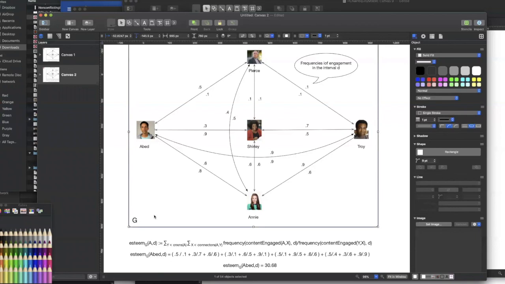You can see how frequently a piece of content is engaged, and then you can take a weighted average with respect to esteemed users and their frequency of engagement, right? And now that gives you a measure of esteem on a piece of content from the esteem on users. Does that make sense? This makes sense.